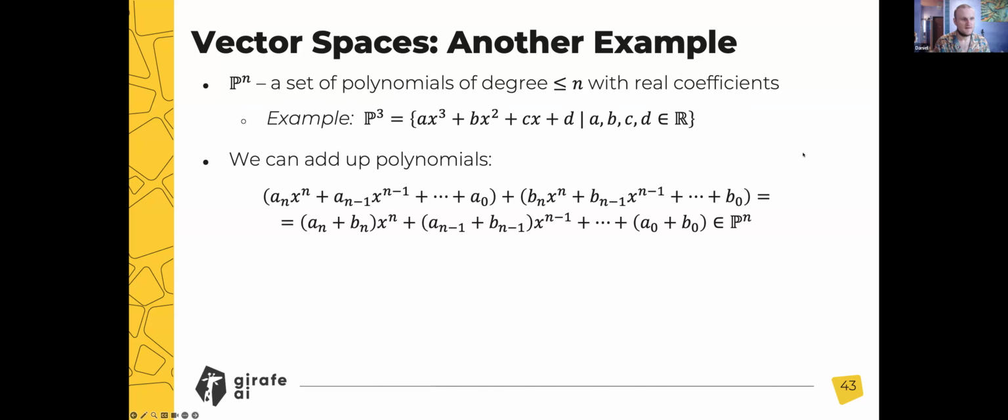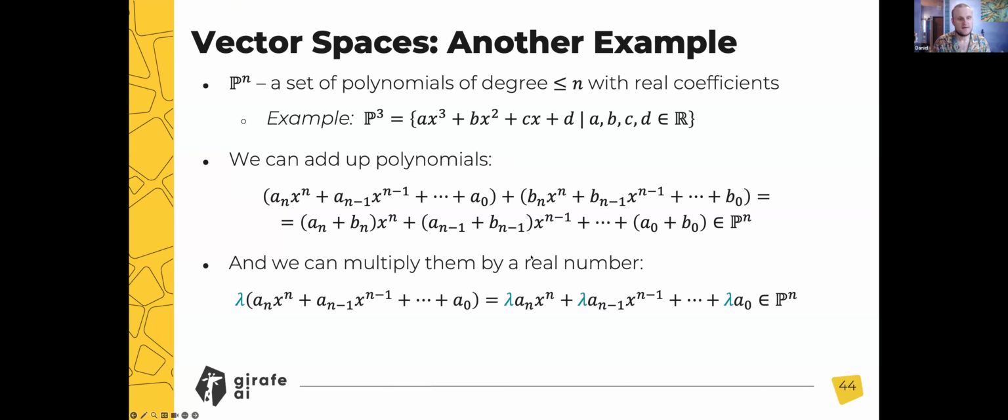We can treat them as vectors. Why? Can we add them? Yes, we just add the coefficients for x to the same power. And we can multiply them by a number: we just multiply every member by the same number lambda.